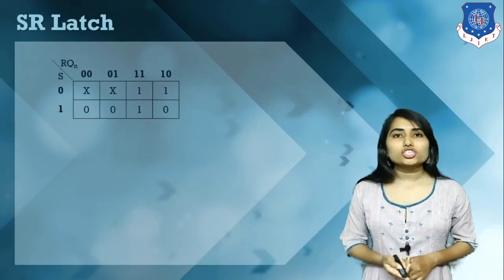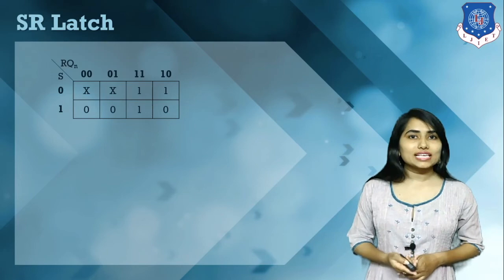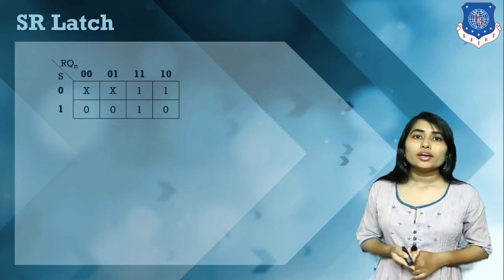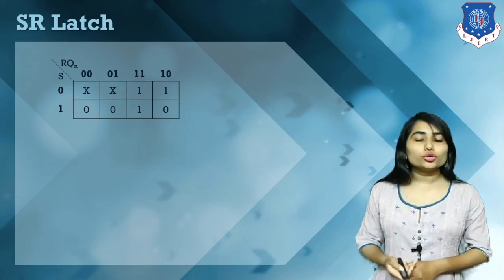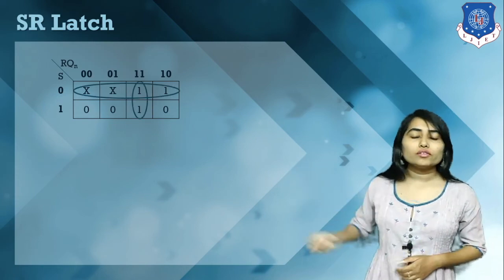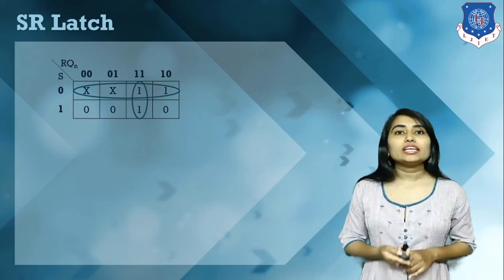Now here we have the characteristic equation of the SR latch. We can calculate the characteristic equation of the SR latch using a K-map. Here we make a K-map in terms of S, R, Q, and we can make a group like this, and we get the characteristic equation of the SR latch for the active low condition.